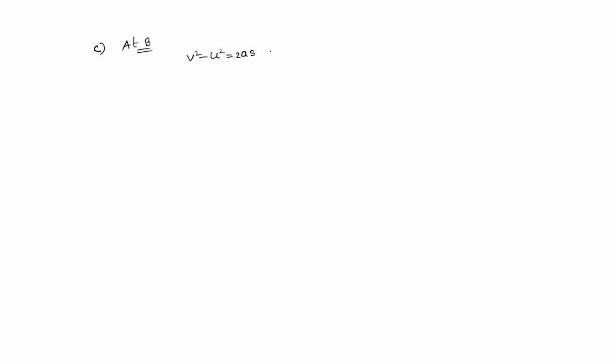Okay, so vertical direction. Now when you consider the vertical direction, you need to consider all the vertical components. So we need to find the vertical component of the final velocity.